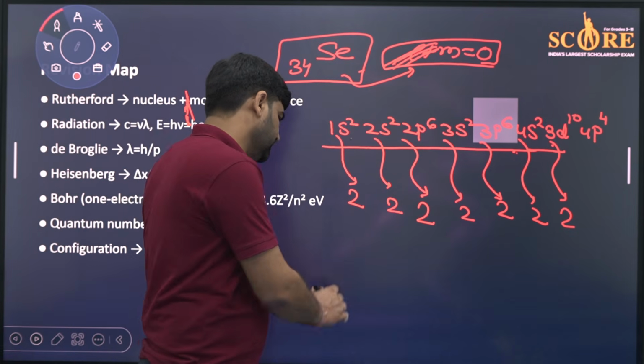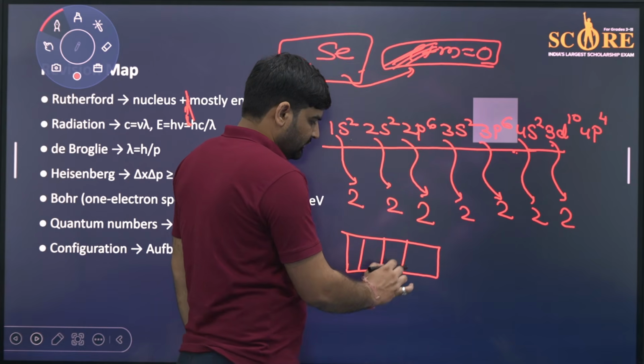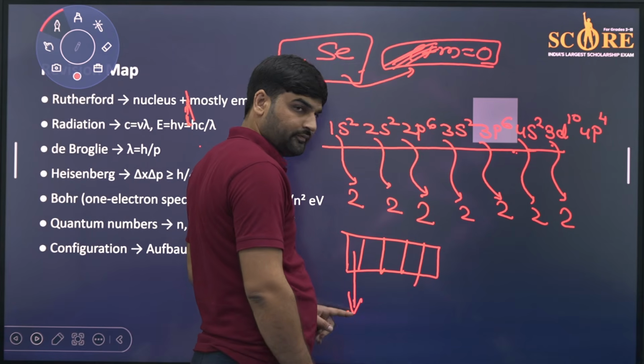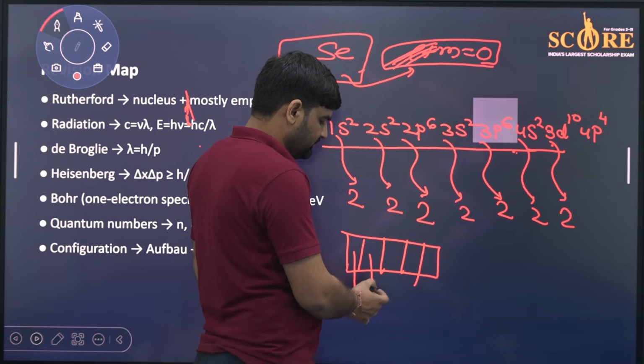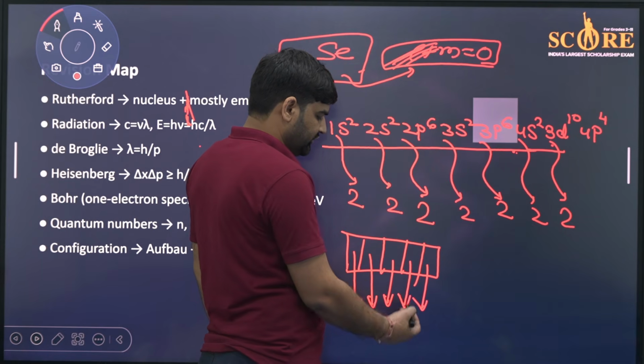Because in D there are 5 orbitals which have M equals to -2, +2, +1, -1, 0.